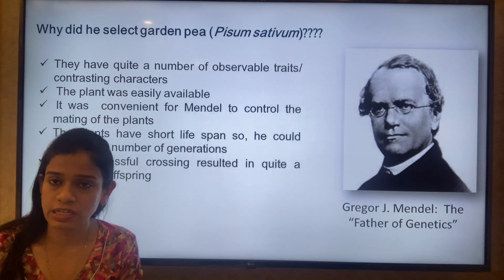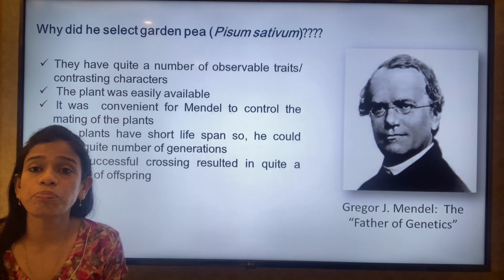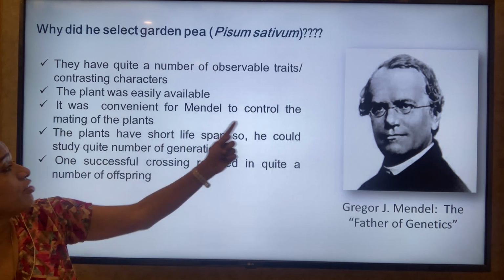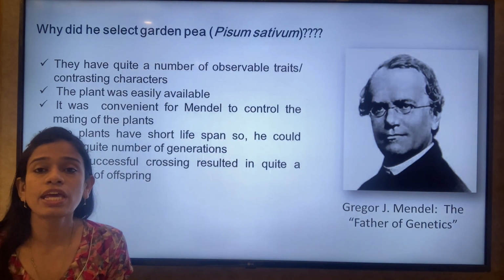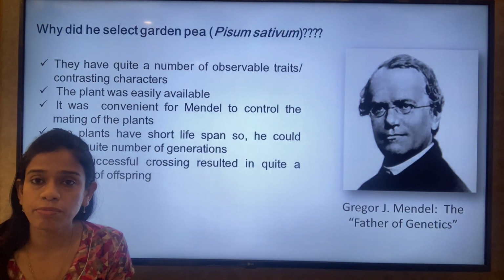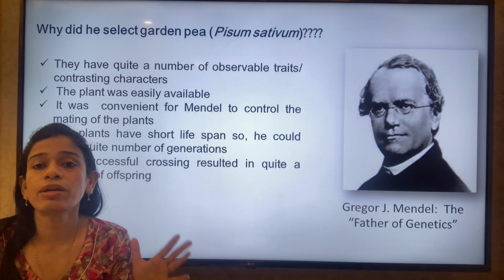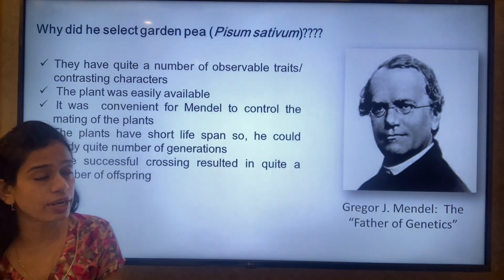So there were contrasting characters and the plant was easily available. You can easily procure the plant from anywhere. It was convenient for Mendel to control the mating of the plants. So when he used to cross them, he was able to do it in the actual way he wanted.